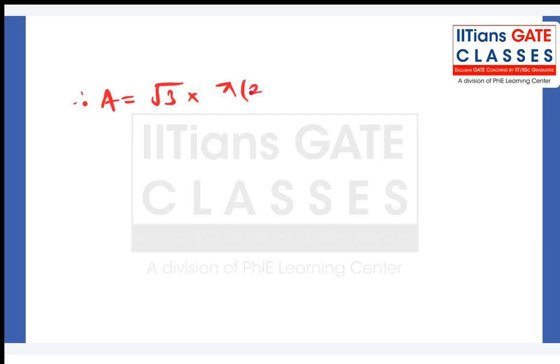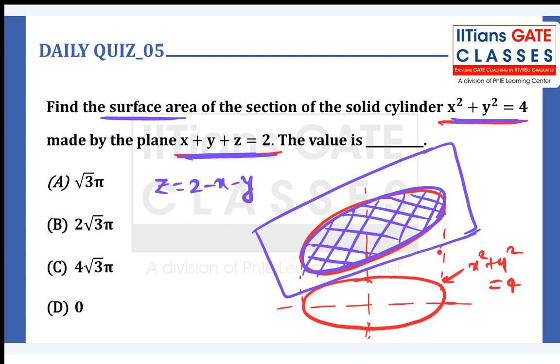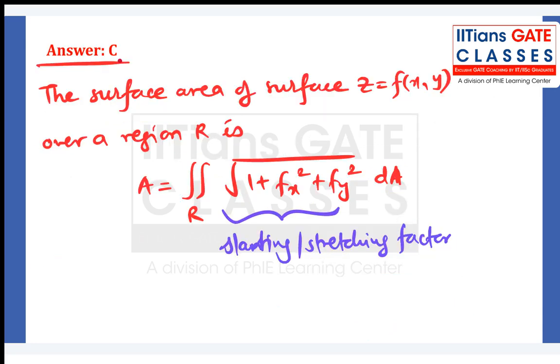Radius is 2, so that will be 2 square, that is 4. So the answer is 4 root 3 pi. Is there any option like this? Yeah, option C is correct. It matches your answer key as well.